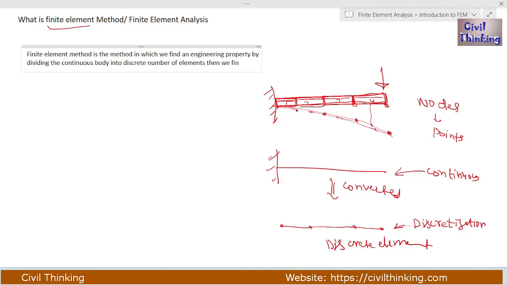Then we find the required property at the nodes of those discrete elements, and then in order to find the required property in between the nodes, we interpolate.